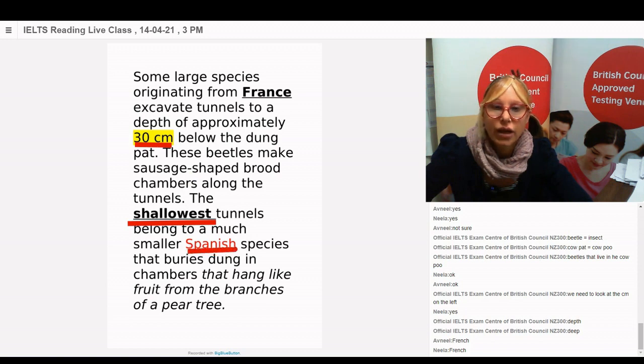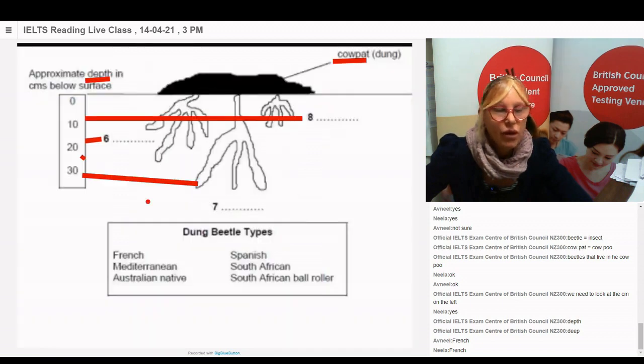Okay, do you want to have a try? So number 6, they were talking about 20, and then they were also talking about the most shallow, the shallowest. Can you remember which is which? Number 8 is Spanish. Okay, very good.